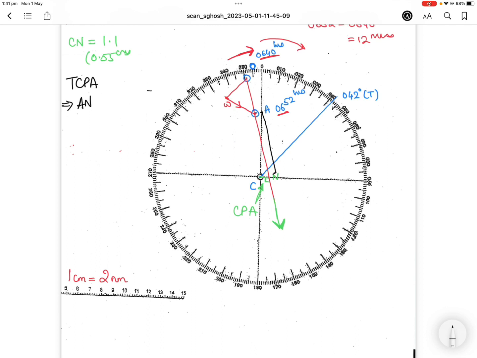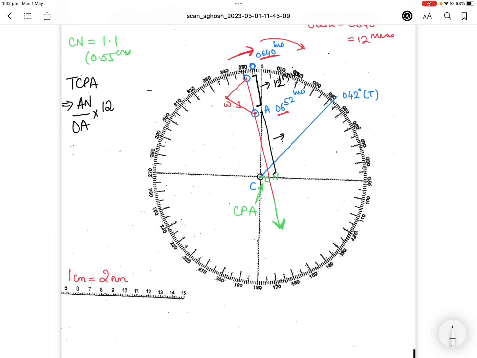So AN divided by OA. OA is the distance covered by the target vessel in 12 minutes. So if OA is the distance covered in 12 minutes, how much time will the target vessel take to cover the distance AN? That's what we are calculating. So AN by OA multiplied by the 12-minute plot.